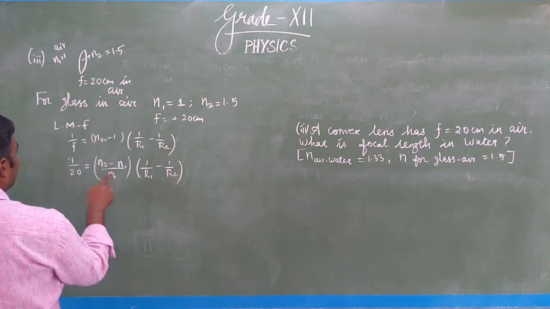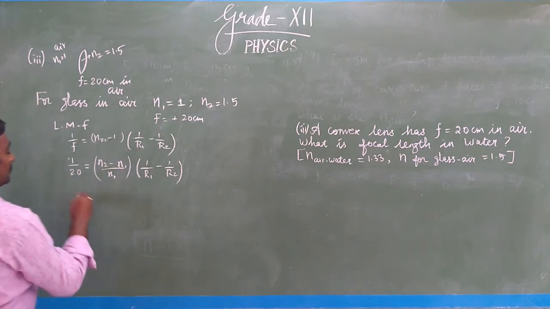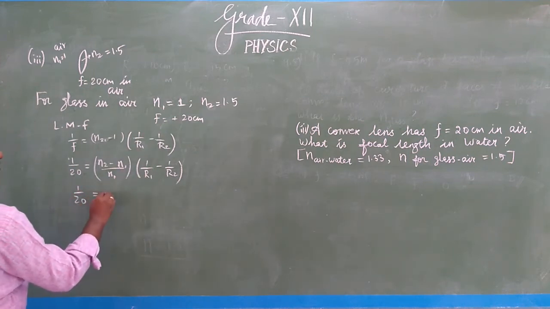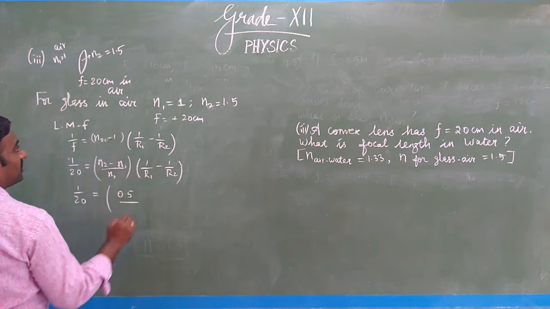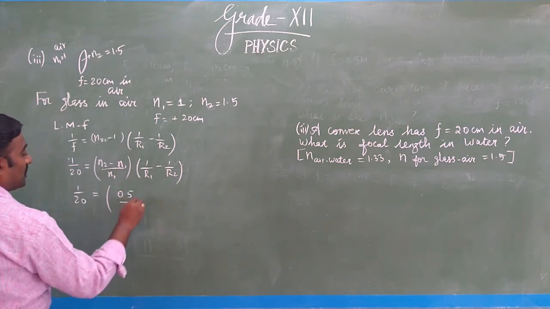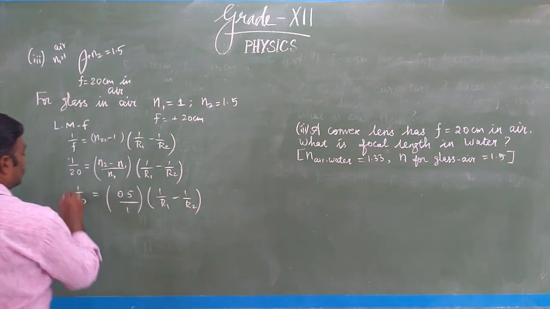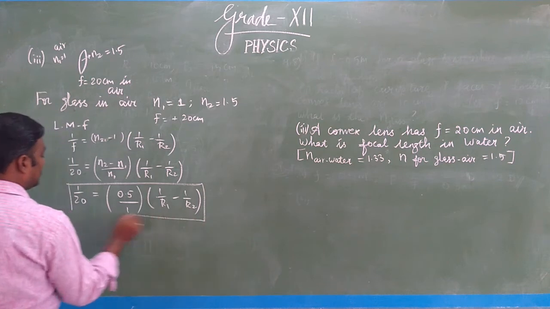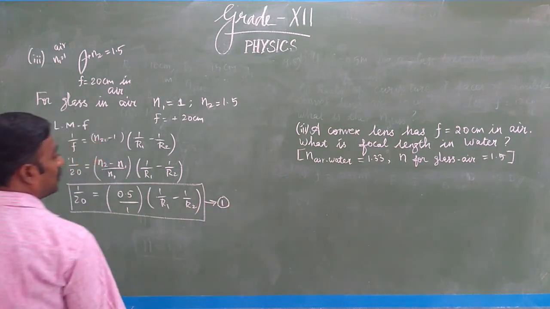Substituting, 1 by 20 is equal to (1.5 minus 1), that is 0.5, divided by 1, into (1 by r1 minus 1 by r2). This is equation number 1.